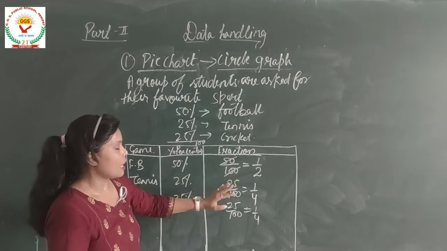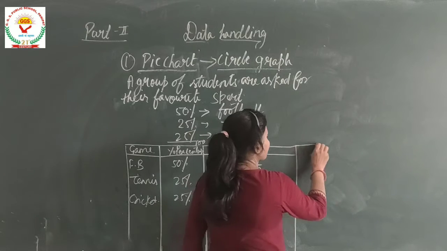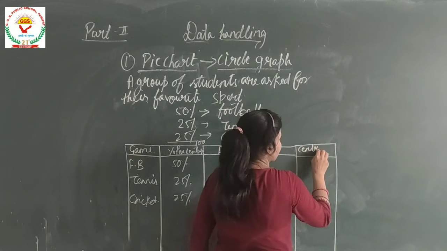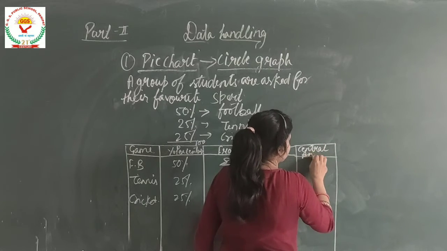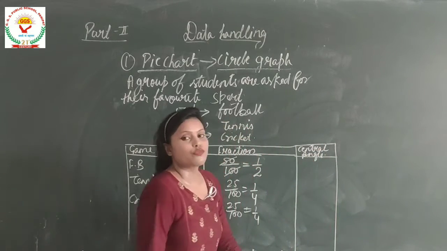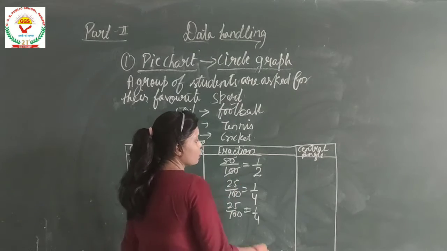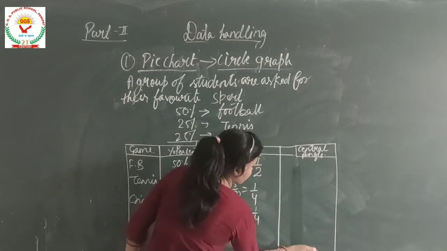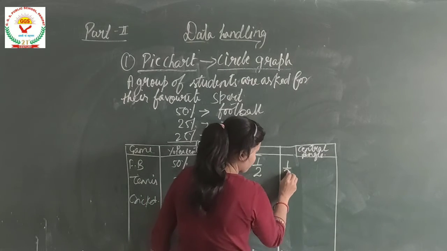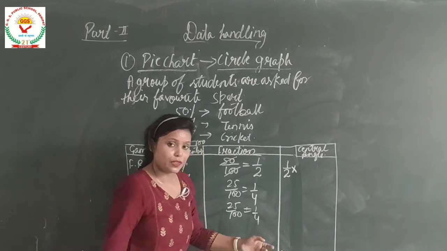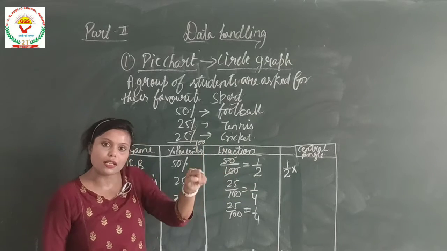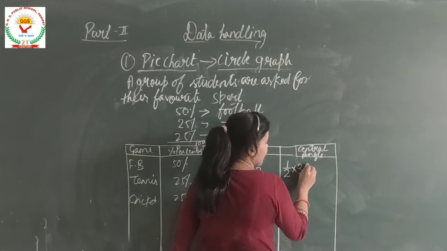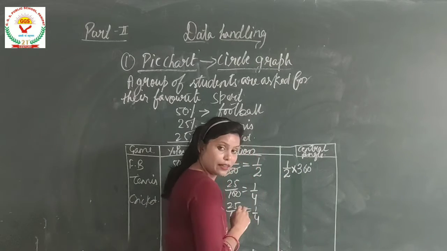Now we will find out the central angle. For finding the central angle, we will take the fraction. So the fraction is 1 by 2, right? And we know that the central angle of the circle is 360 degrees, right?